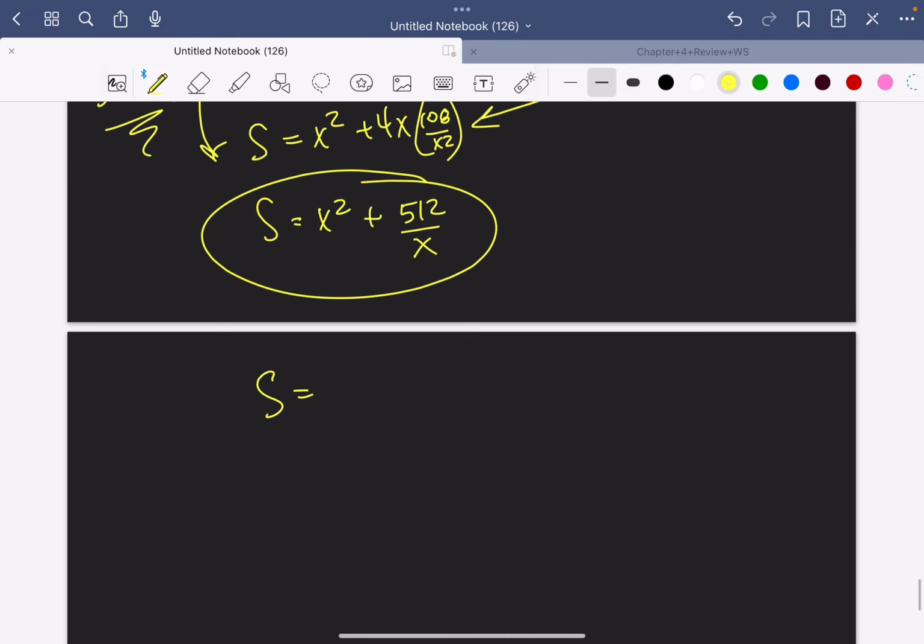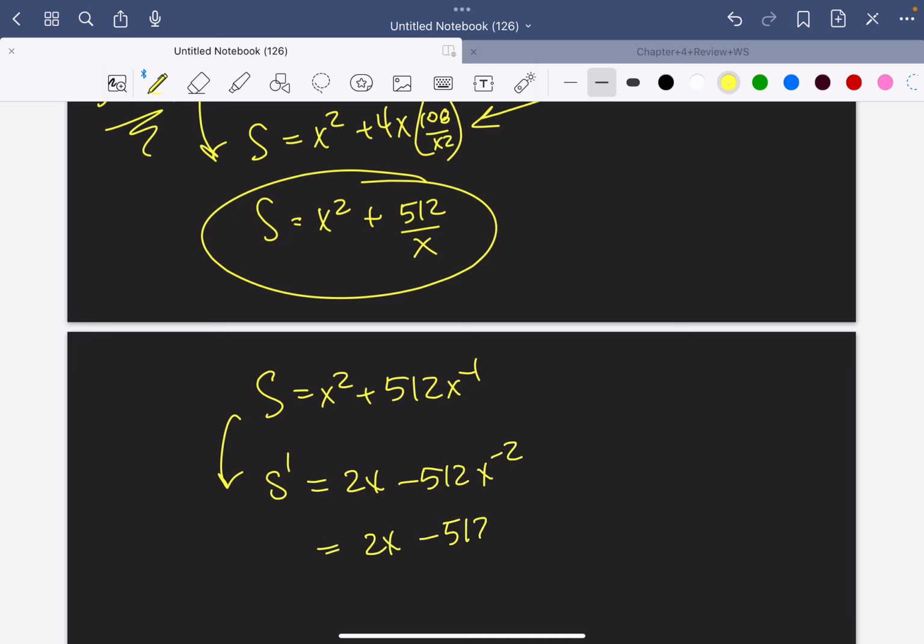Before we take its derivative, we can change its form like so. And now we get that s prime is 2x minus 432x to the negative second. In other words, it's 2x minus 432 over x squared.